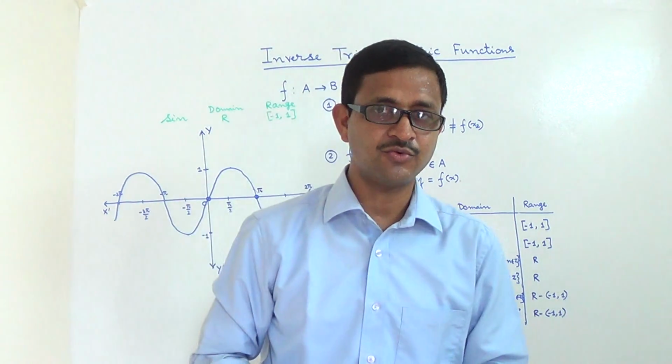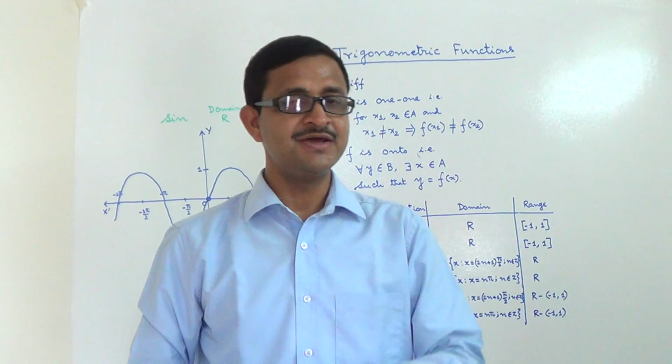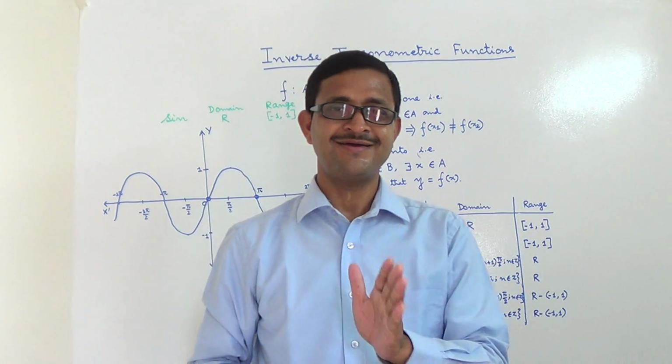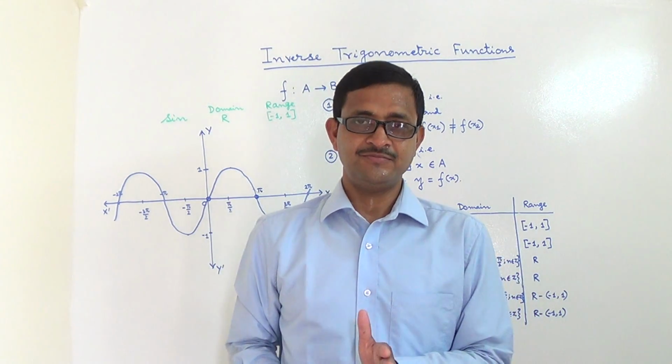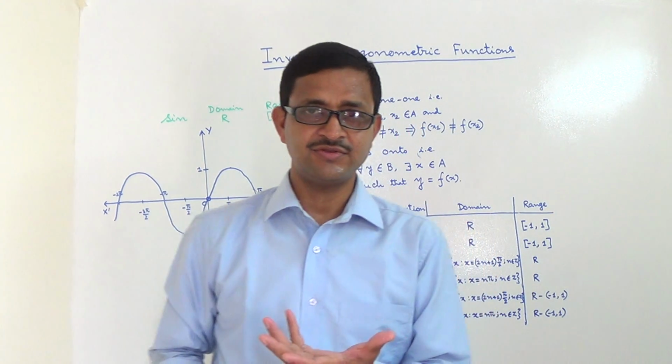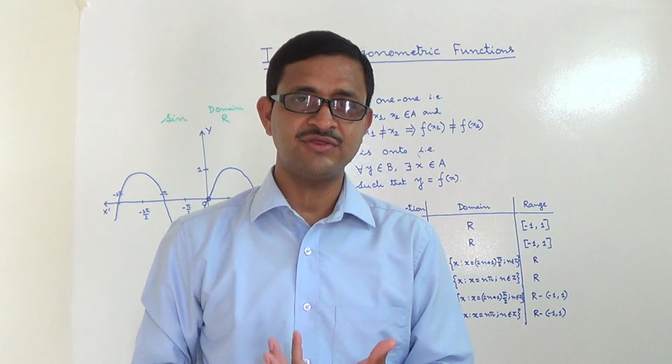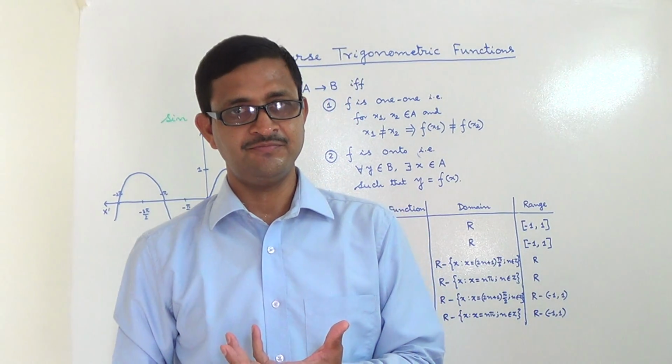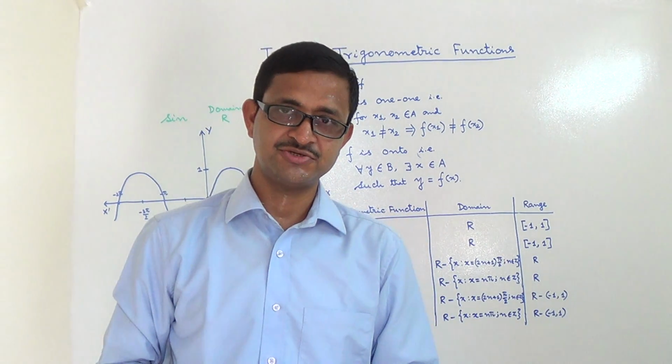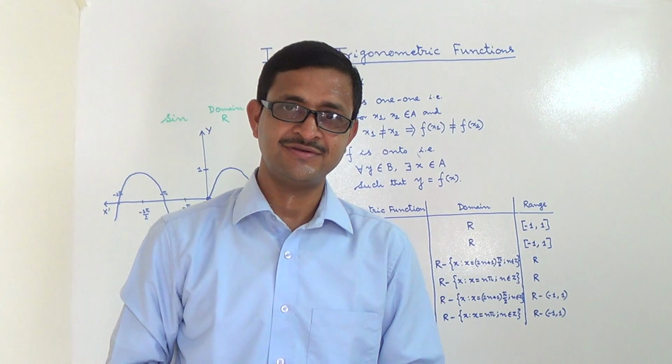And as they are not one-one, there is no question these functions are invertible. So the question is, how can we make these functions invertible? That is the part of the discussion in our second session. Thank you.